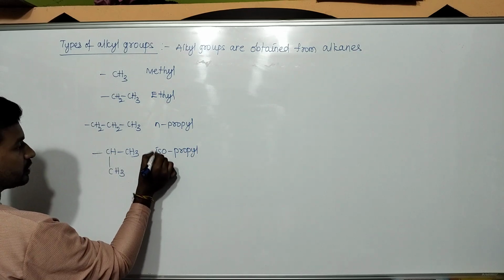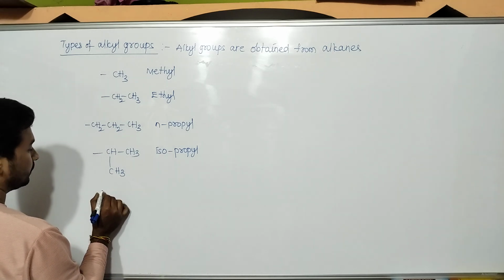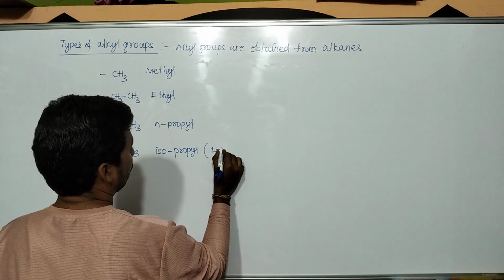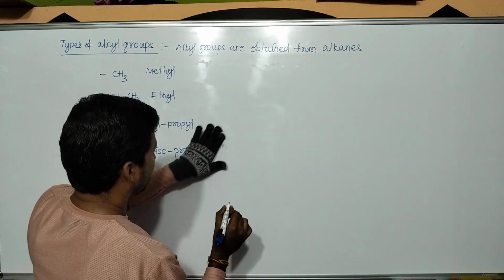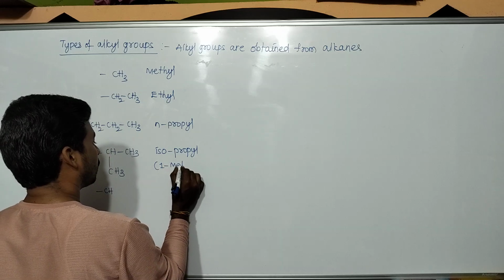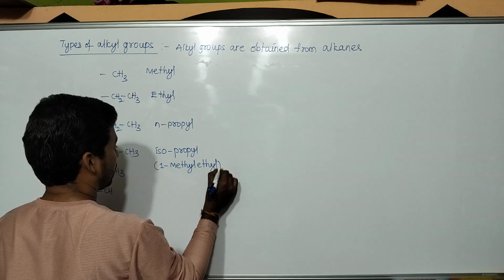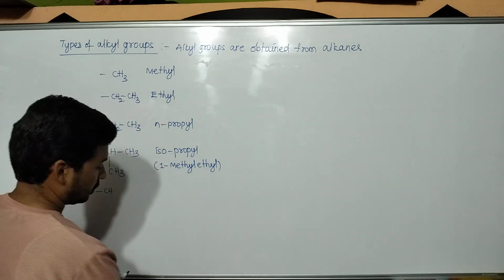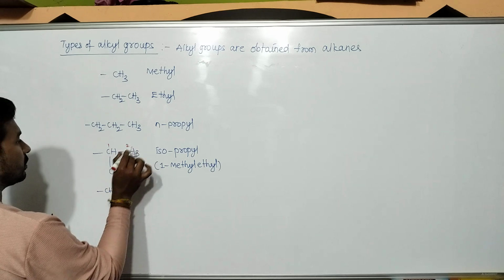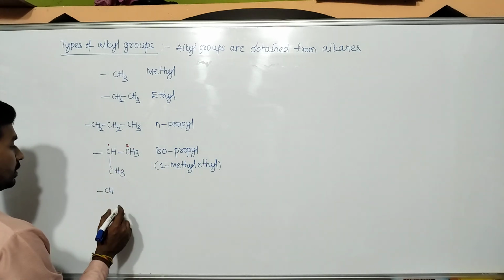The n and iso should be written in italics at a slight angle. Isopropyl is also called 1-methylethyl. If you give numbers, the linking carbon is 1 and this is 2. So 1-methyl, with 2 carbons, ethyl, like that.